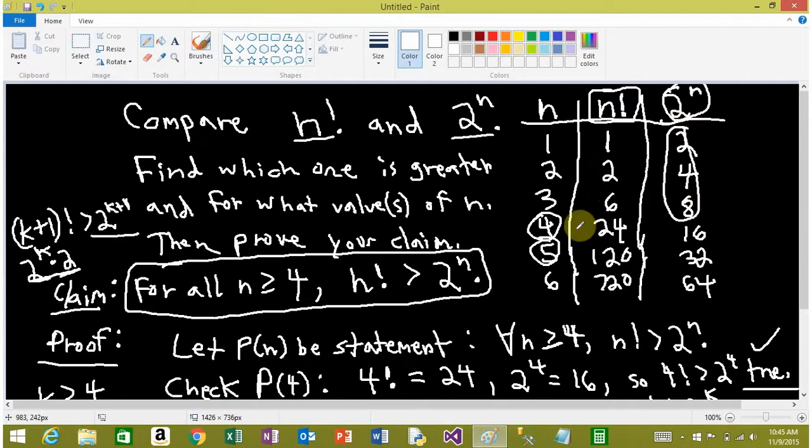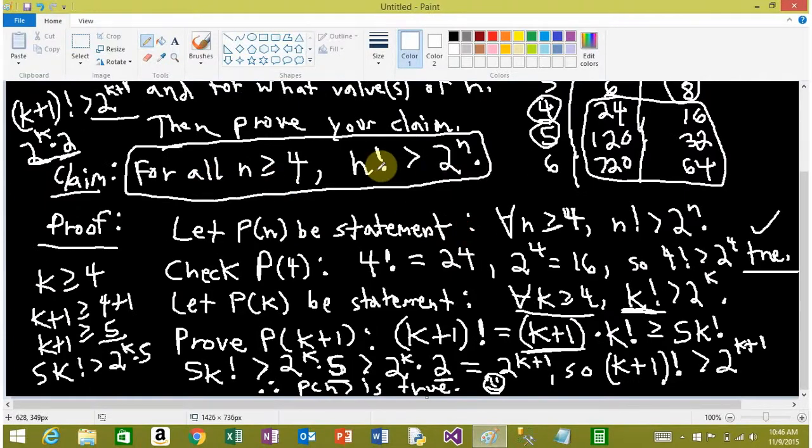But then once we got to n equals 4, we see that n factorial actually gets a lot larger as n gets larger. So we know without a shadow of a doubt that for n greater than or equal to 4, n factorial is greater than 2 to the n. And that was our claim, and that's what we wanted to prove.